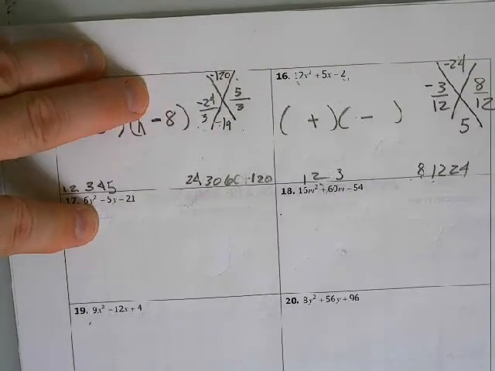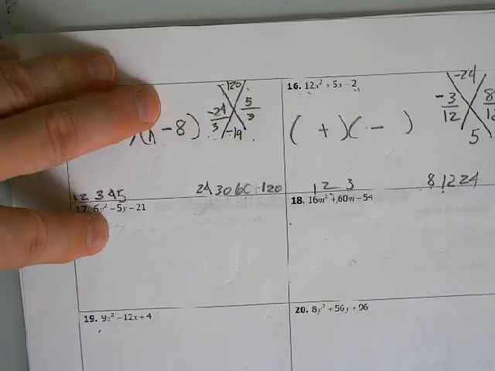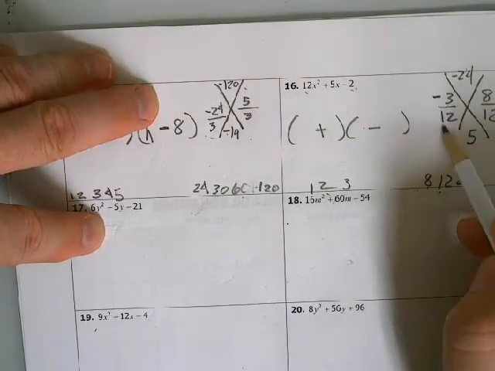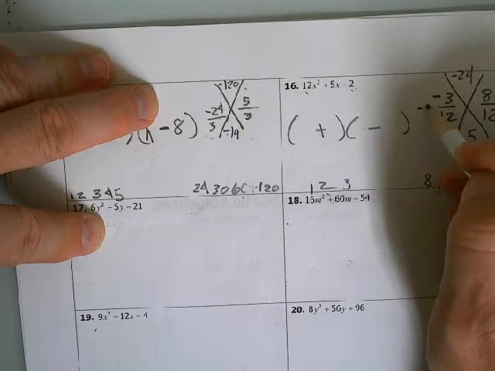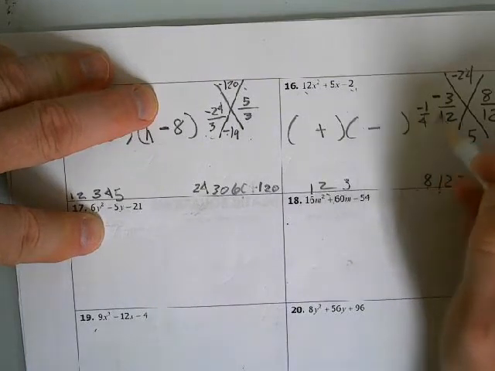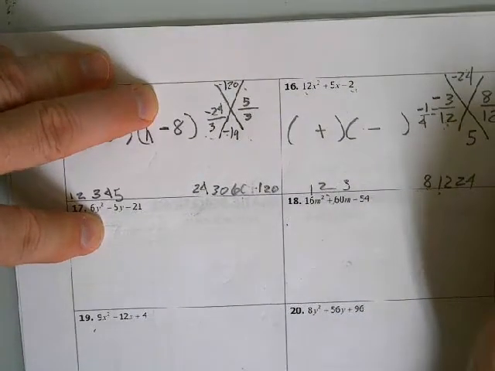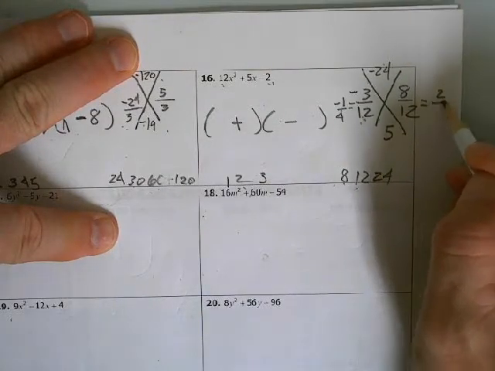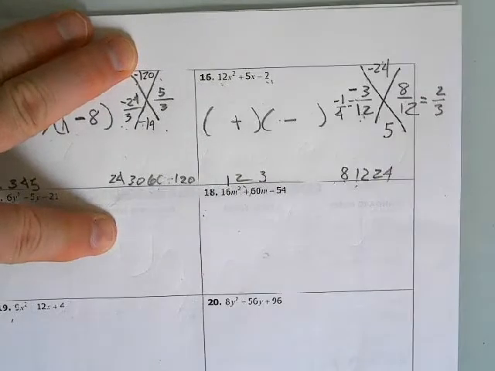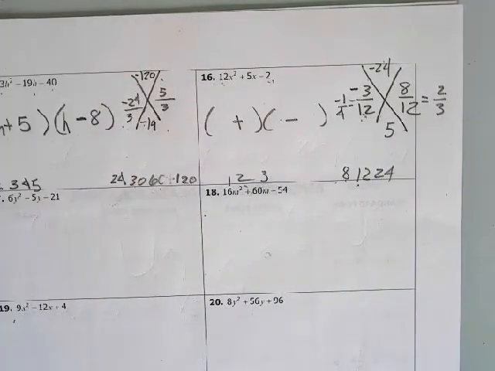Now simplify these guys. It doesn't turn into an integer, but it will simplify. This would become, yes, negative 1/4. And this one would become 2/3. You'll see that?